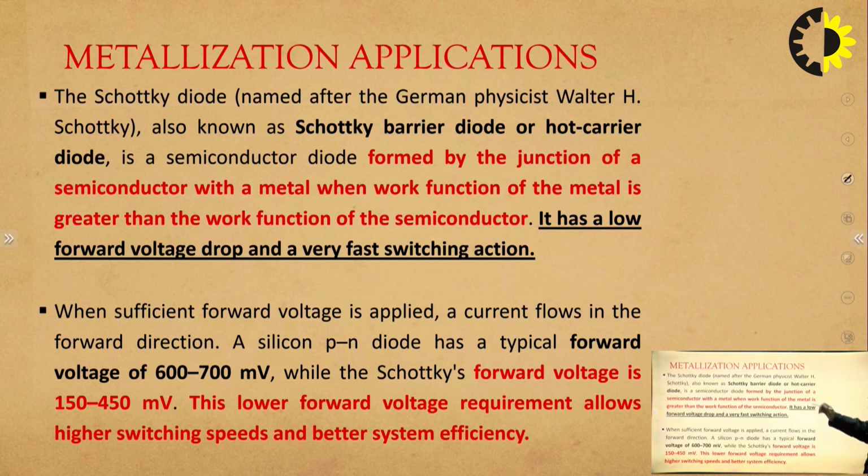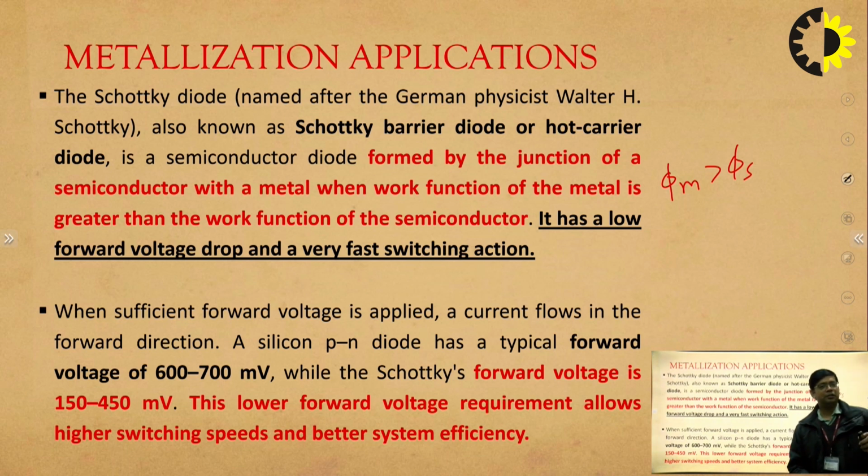A Schottky barrier, named after German physicist Walter Schottky, which is also known as a Schottky barrier diode or a hot carrier diode, is a semiconductor diode formed by the junction of a semiconductor with a metal when the work function of the metal is greater than the work function of the semiconductor. Now, what are the properties of this Schottky diode and why is it useful?